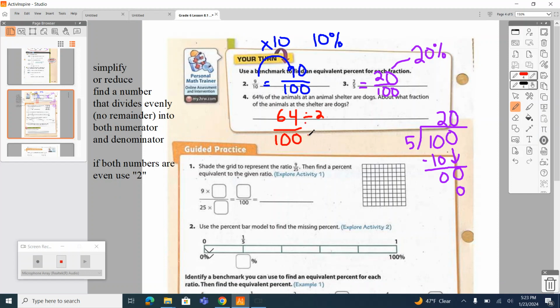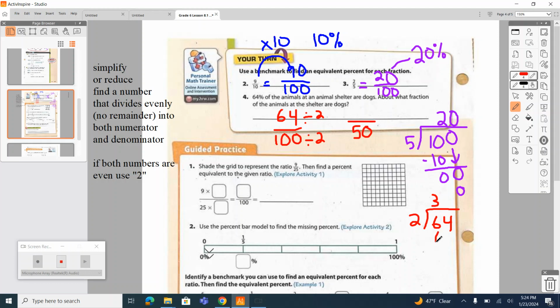And hopefully you remember from earlier, 100 divided by 2 is 50. So I don't have to do much work there. But I may not know what 64 divided by 2 is. So I'm going to come over here and I'm going to do 64 divided by 2. 2 goes into 6 3 times. 3 times 2 is 6.